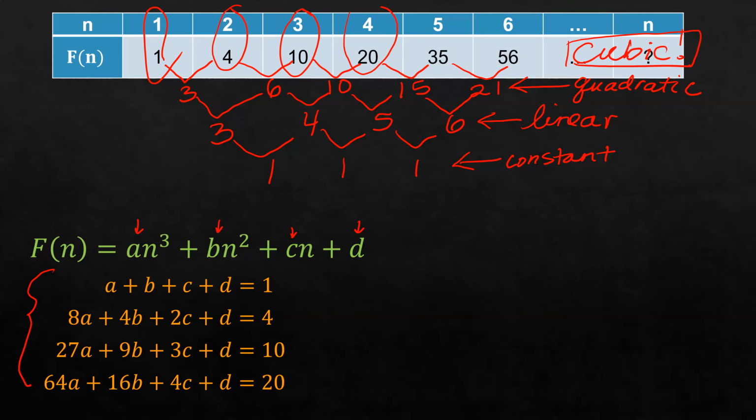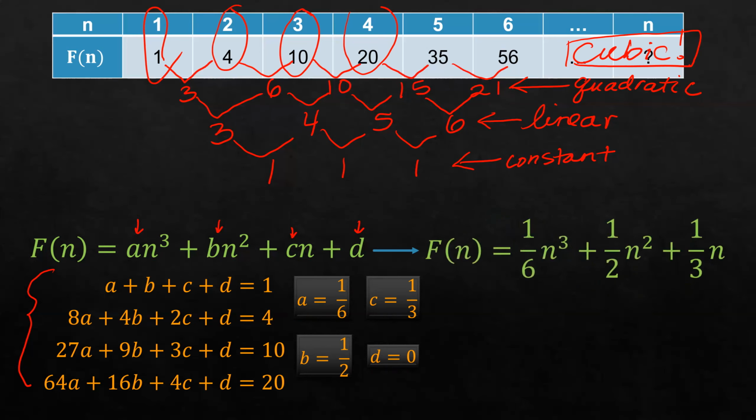Okay, so the answer to this system is A equals 1/6, C is 1/3, B is 1/2, and D is 0. So the function that we are looking for is 1/6 n to the third plus 1/2 n squared plus 1/3 n.